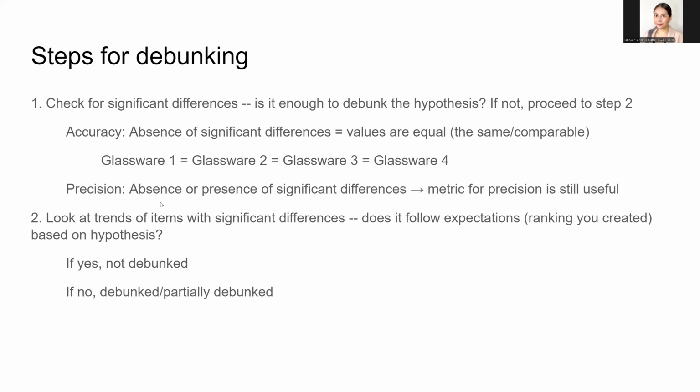Whether you find significant differences or not, the metric for precision will still be useful. Important pa rin siya. Kasi, ang statistical tests natin, minimeasure lang niya kung magkakapareho or magkakaiba yung average. Pero may iba pang test para mag-check kung yung variation ay similar or not. So, if you want, you can do that test.